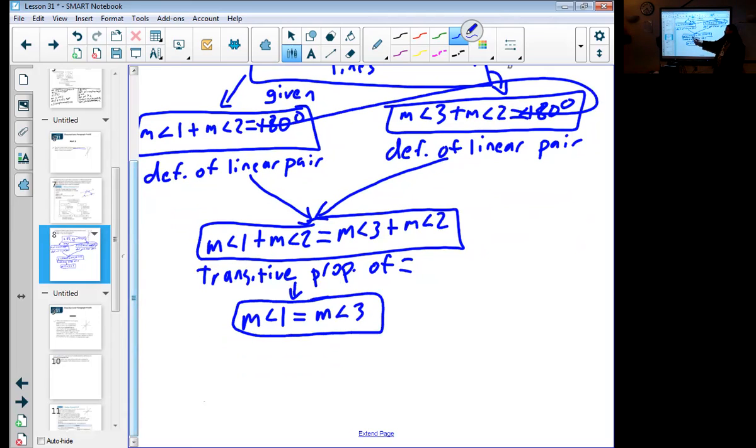We got there because we were subtracting angle 2, so that is the subtraction property of equality. Now, if we have two angles that have the same measure, that means that they are congruent. Angle 1 is congruent to angle 3.